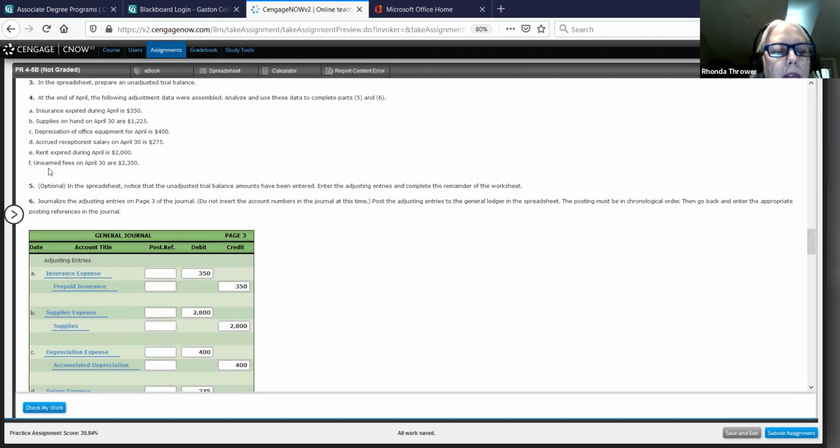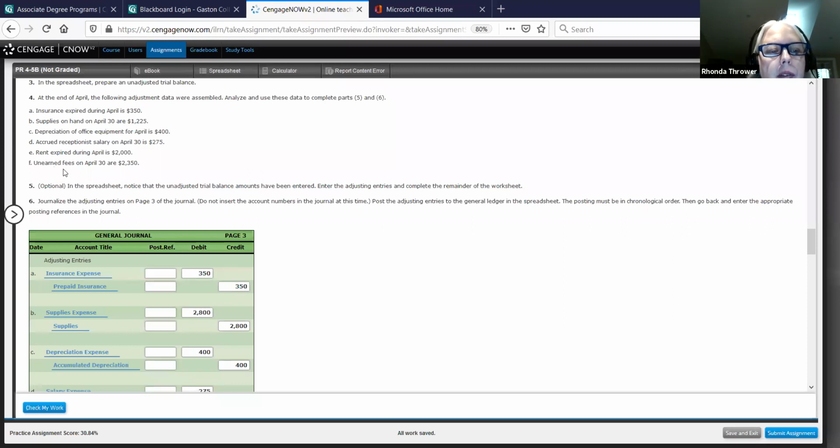And the last one has to do with unearned fees. And when you see the word unearned, you know it's a liability, number one, but it should also be a signal to you that unearned accounts are what we call deferred revenue. All deferred revenue is some type of unearned account.